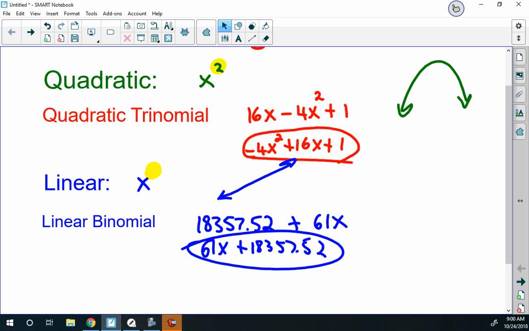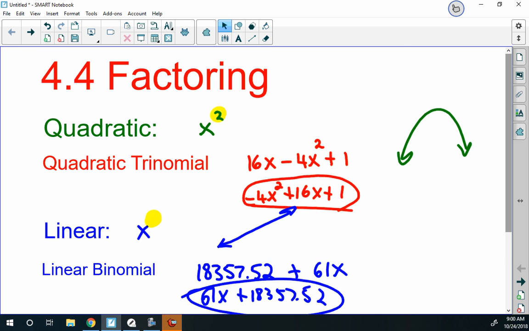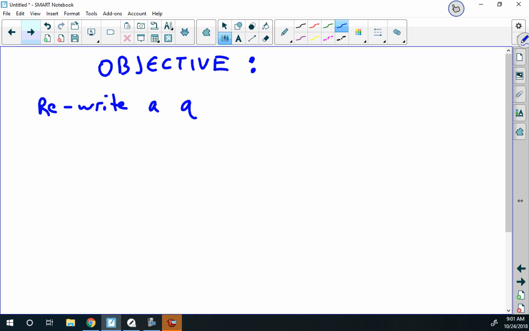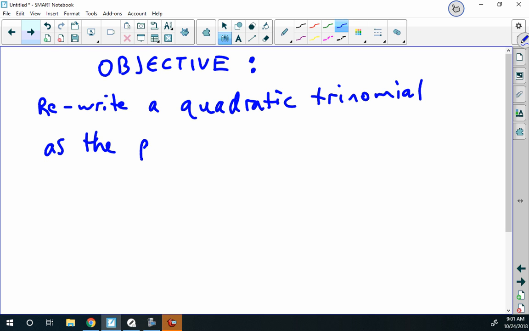Cool. So the deal is then with factoring, our goal, our objective in factoring is to rewrite a quadratic trinomial as the product of two linear binomials.